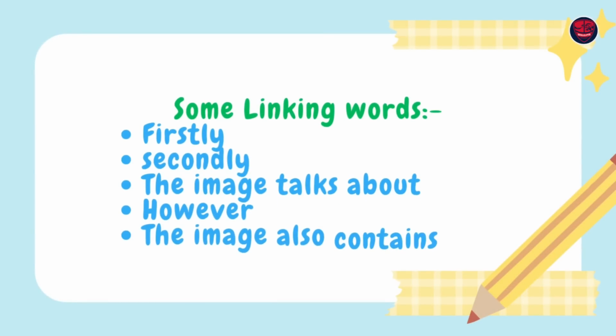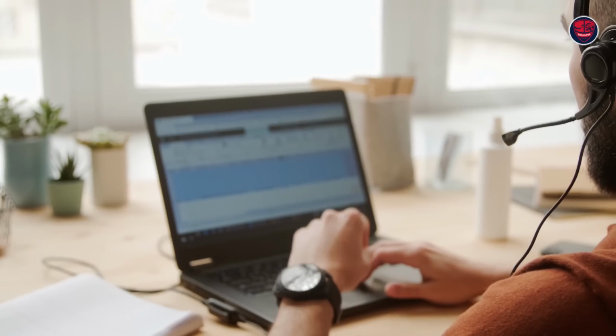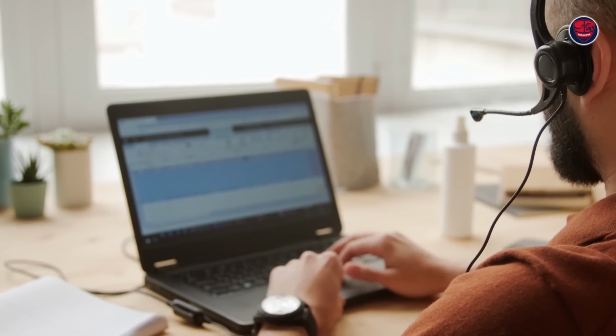Rather, you can use structure, meaning just some linking words: firstly, secondly, the image talks about, however the image also contains. The rest of the things in the structure you have to fill by looking at the image. Basically, you have to describe the content of the image, and that's where things started getting more troublesome.